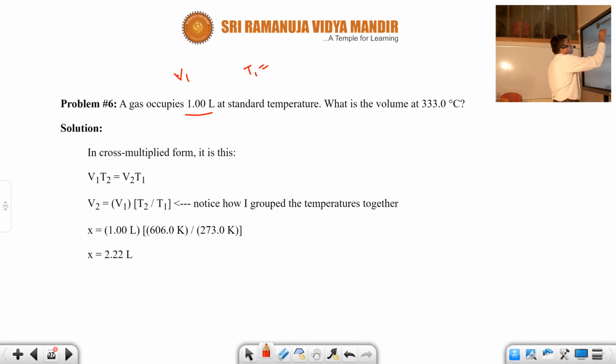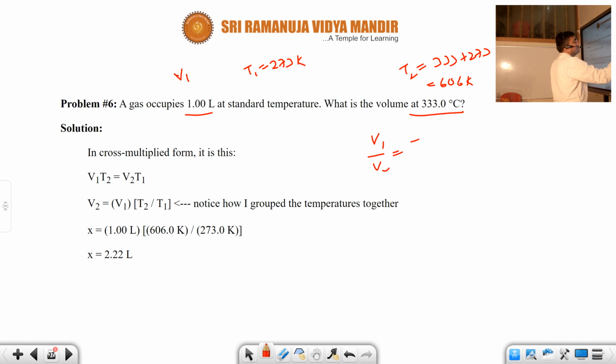Standard temperature T1 is equal to 273 Kelvin. And the volume at a higher temperature, this 333 is nothing but T2. T2 is equal to 333 degrees centigrade plus 273. I hope you understood. This is a straightforward question. This becomes 606 Kelvin. So V1 by V2 is equal to T1 by T2. Substitute it. You will get 2.22 liters.